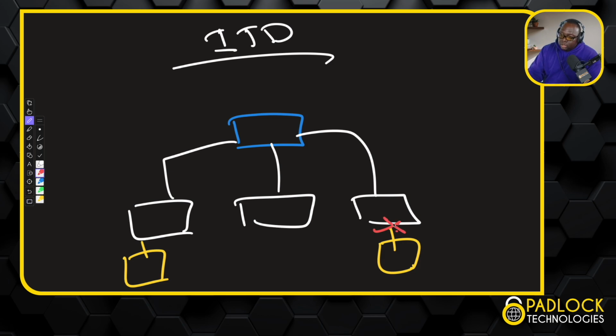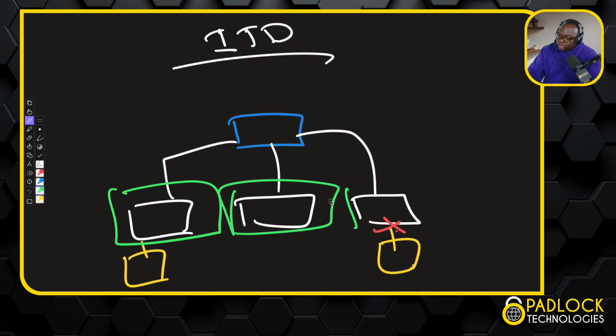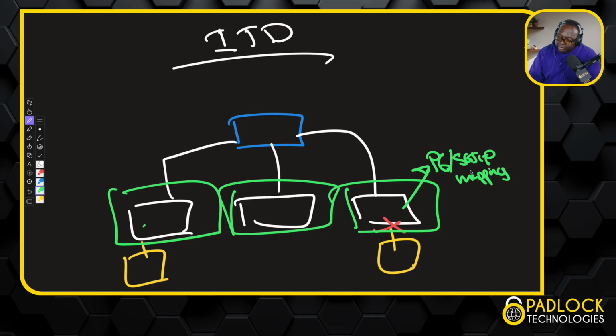Now, this switch here doesn't know the PG. Now, this is going to sound similar: PG or SGT to IP mapping. It doesn't know anything about it. What will happen in intelligent tag distribution is this switch knows about all of them.